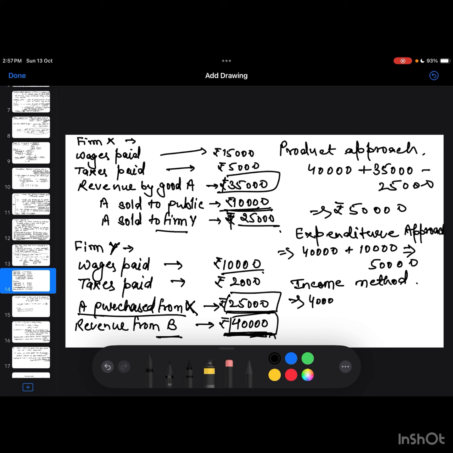So 40,000 minus 25 minus 10, it will be 5,000. Now here the revenue, or say profit, for the firm X will be 35 minus 15, that is 20.